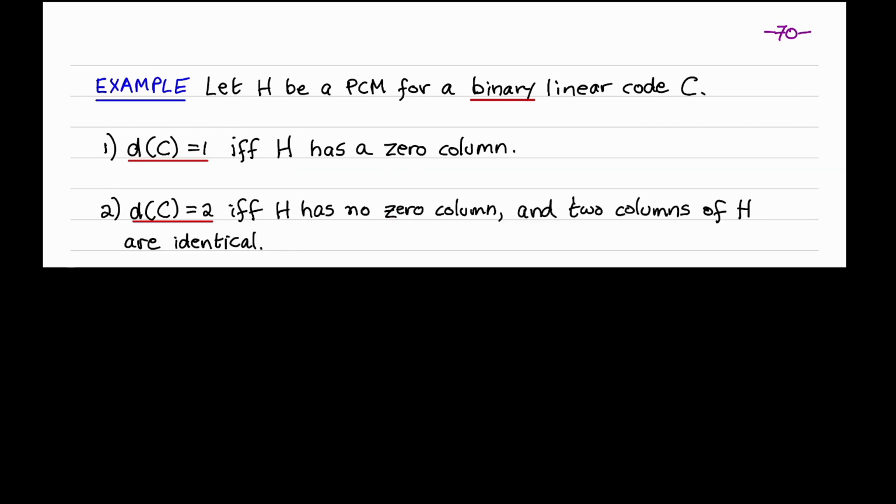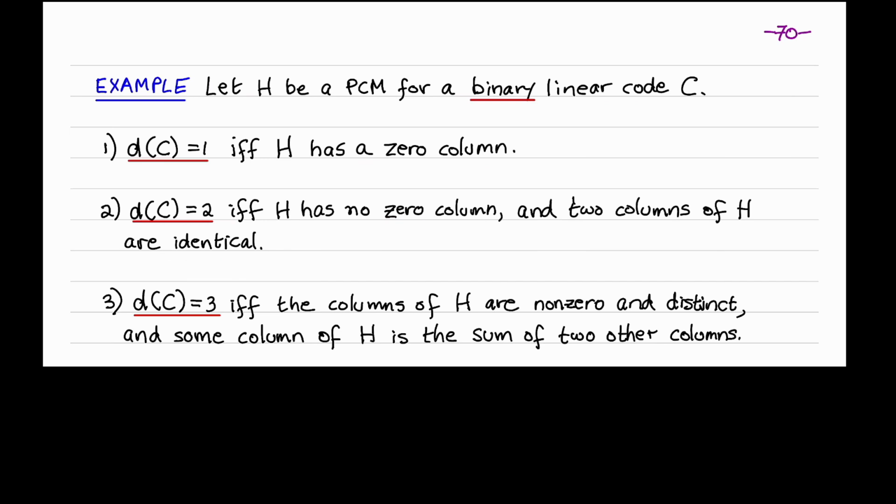The code C has distance 2 if and only if its distance is not 1, and it has 2 linearly dependent columns. So in other words, H has no zero column, and 2 columns of H are identical.